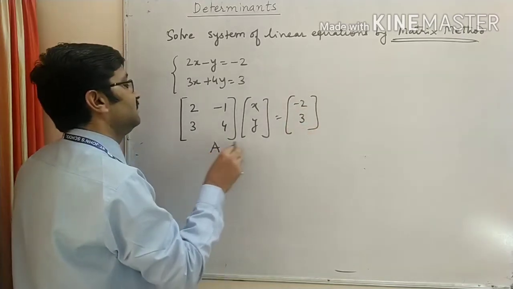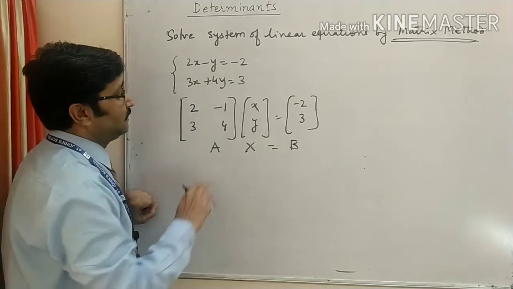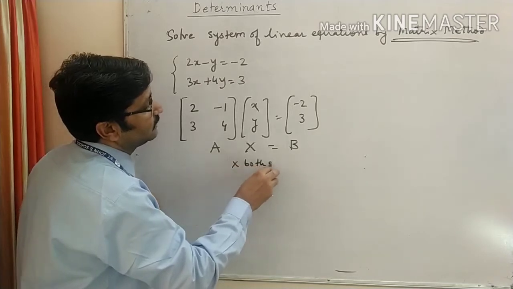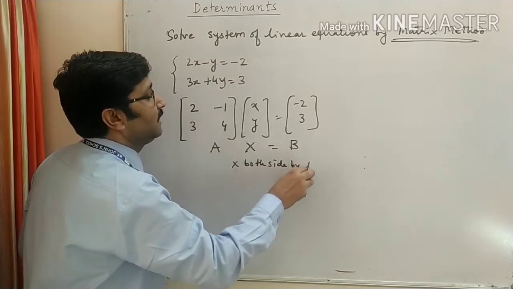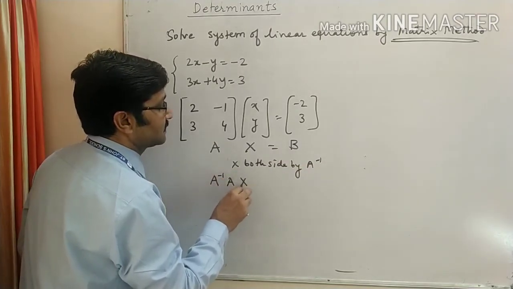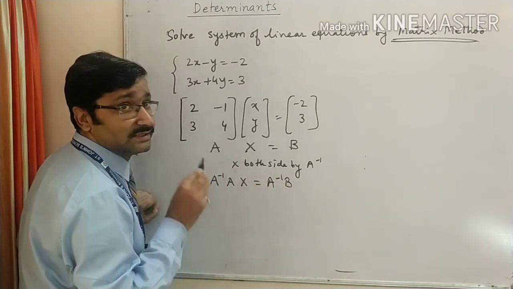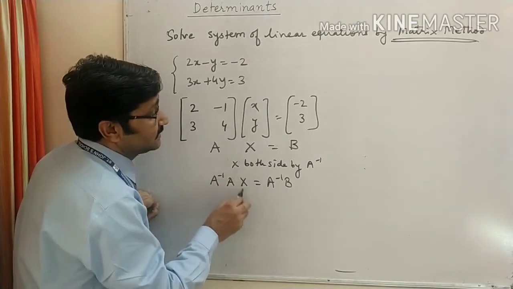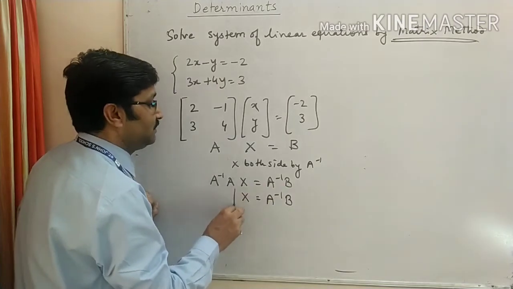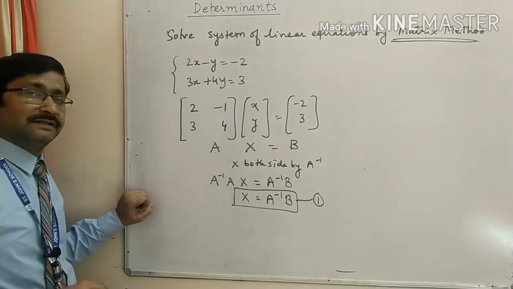This first is A, second is X, and equal to B. If you multiply both sides by A inverse, then you will get A inverse A X equal to A inverse B, and this A inverse A is I, and I into X is X, so X equals A inverse B. With the help of this equation we will find the value of x and y.